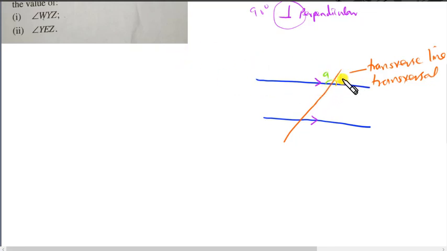But the angle here, if here is B, the angle here too is B. If the angle here is A, the one down here too is A. Now these two angles are called vertically opposite angles. So what we see here is that these two angles, A and A, are vertically opposite angles.